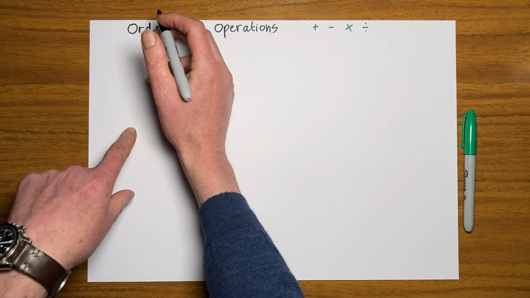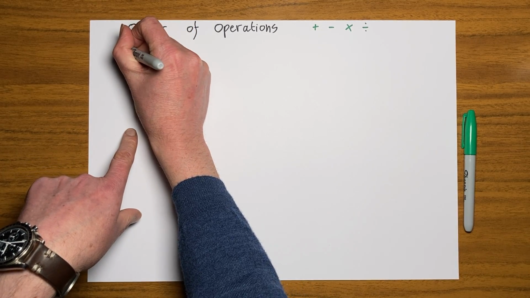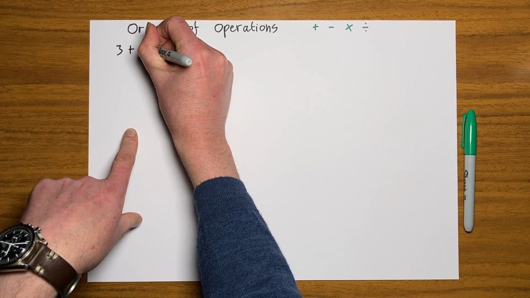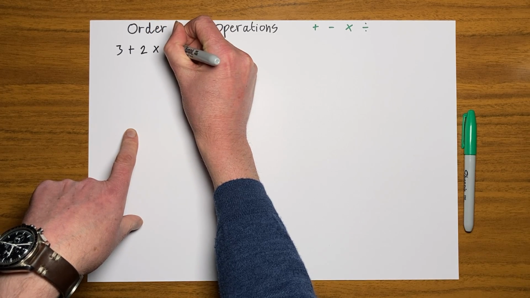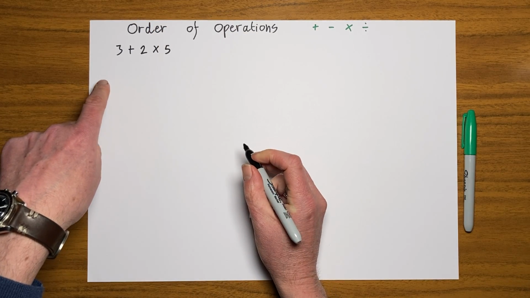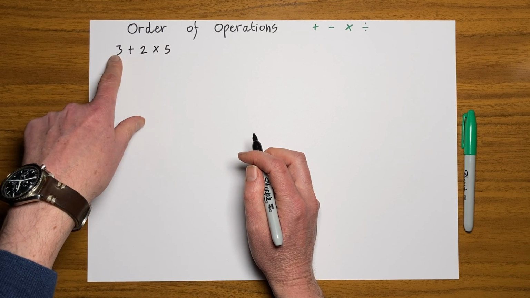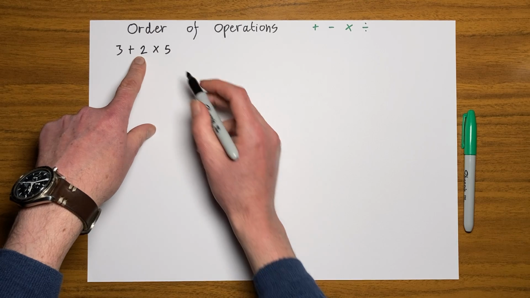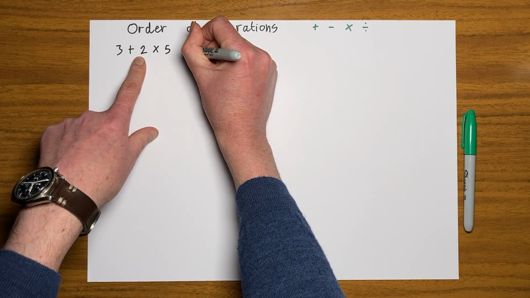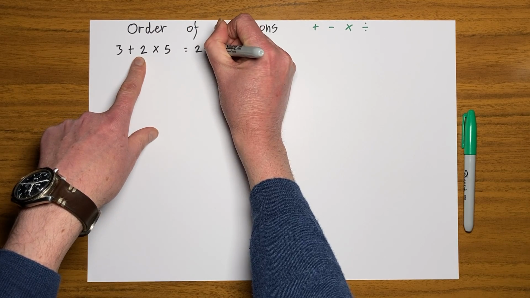So for example, if I have 3 plus 2 times 5, well, if I do those ones first, 3 add 2 is 5, and then 5 times 5 equals 25.